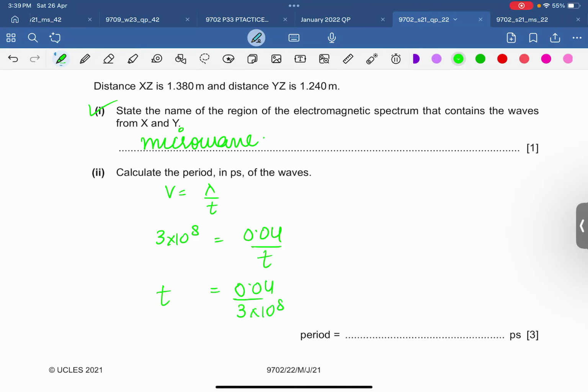How much? 133.333 × 10^-12. Okay, and you know that 10^-12 can be replaced by pico. Okay, so 130. Clear हो गया?